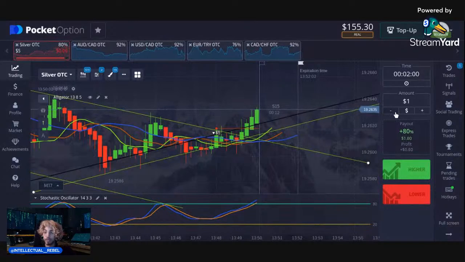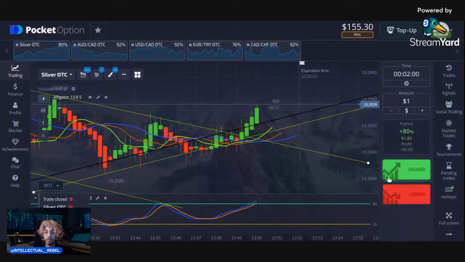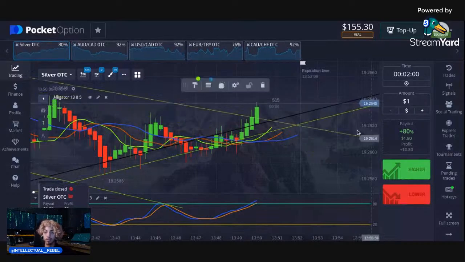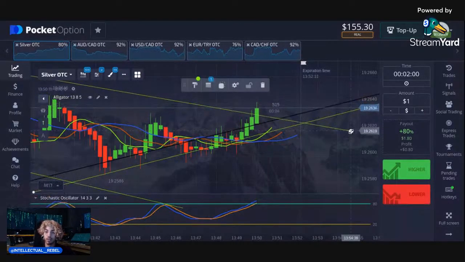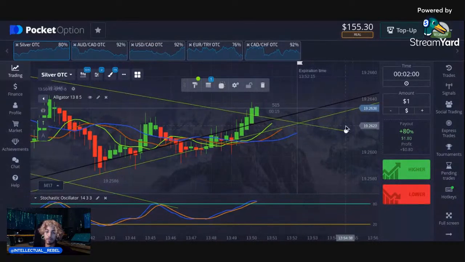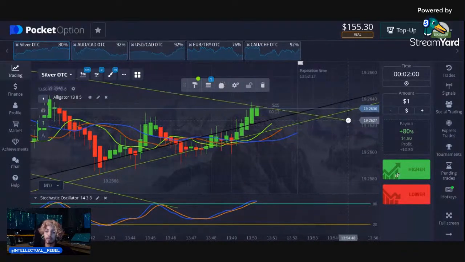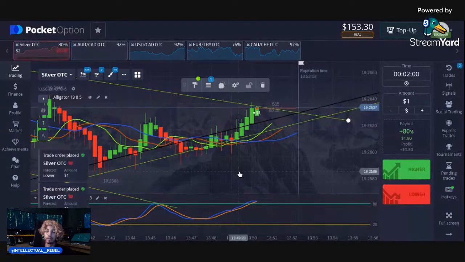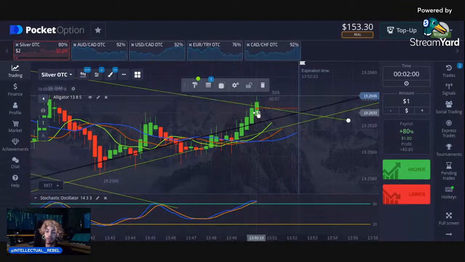Well, got a scalp from $1 because I don't want to. If anything, that would be its high. I put two. What was that, $2?